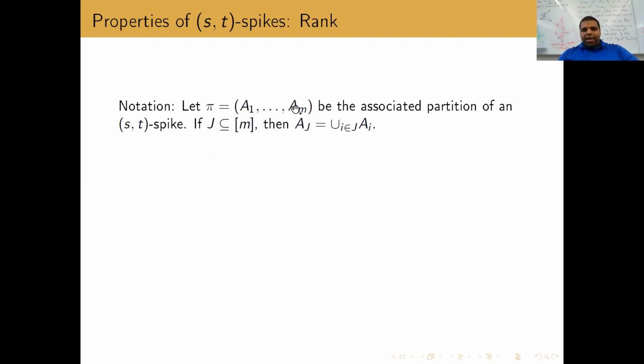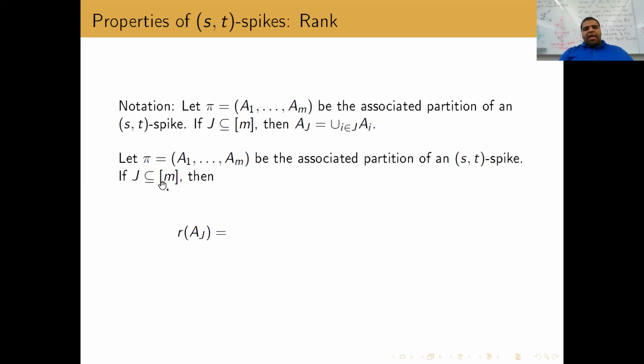Here I'm using AI for the pairs, AI, SI. But here I'm just using AI. And if J is a subset of integers from 1 through M, then A sub J is going to be the union of those pairs indexed by the elements of that set of integers.